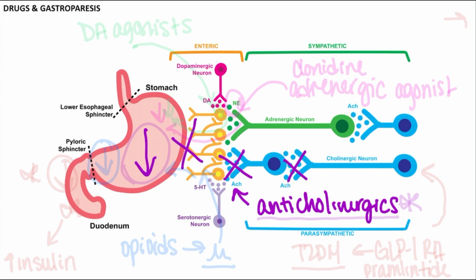Starting off with the most straightforward being the anticholinergics. Any agent that's going to inhibit acetylcholine binding at the cholinergic receptors in the GI tract will lead to this reduced gut motility. And this will include things like constipation and delayed gastric emptying time.